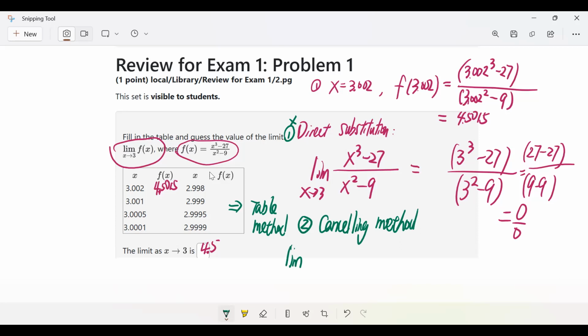If you factor the top and bottom, as x approaches 3, the top gives you x minus 3 times x squared plus 3x, and on the bottom we get x plus 3 times x minus 3. Cancel the common factor.